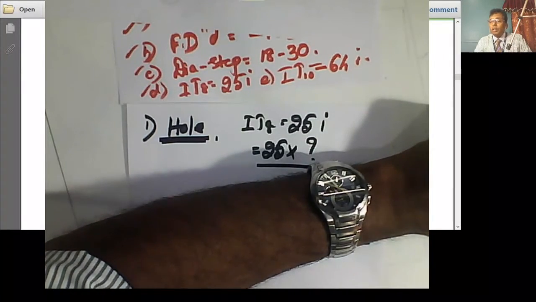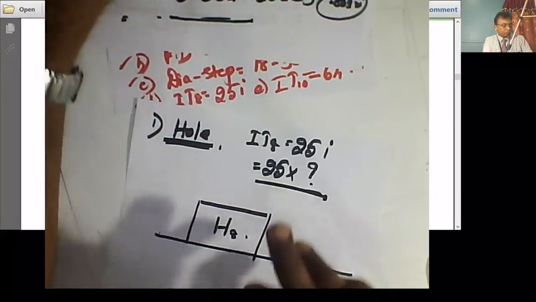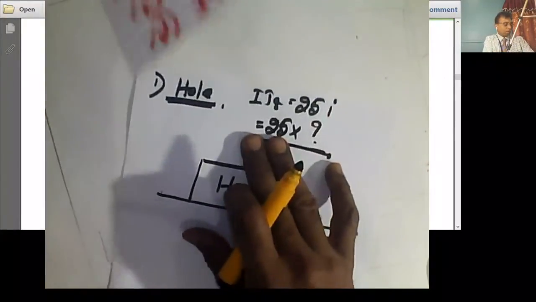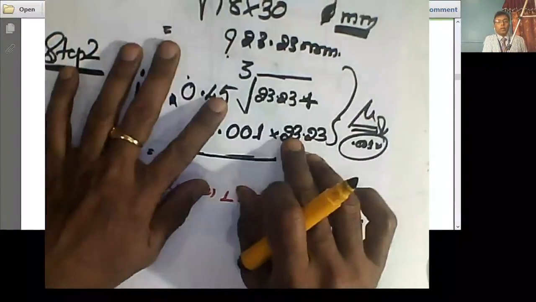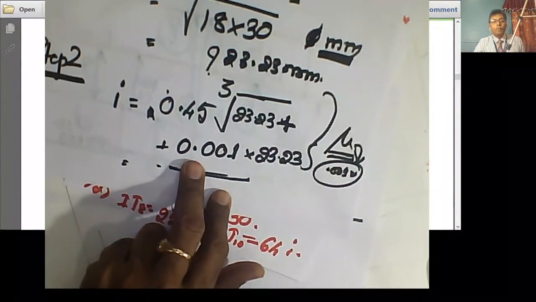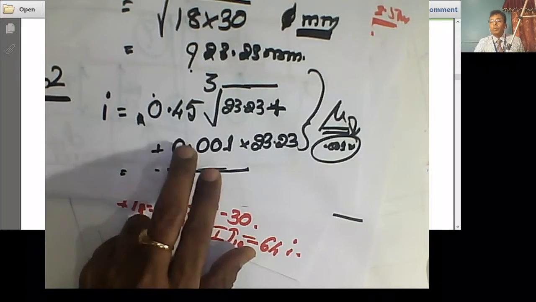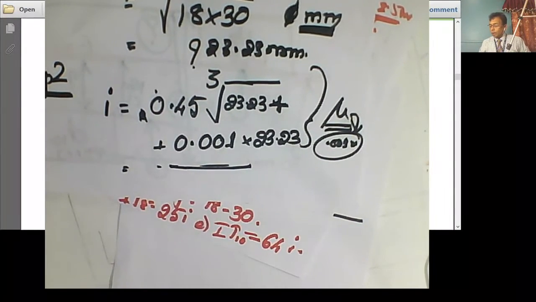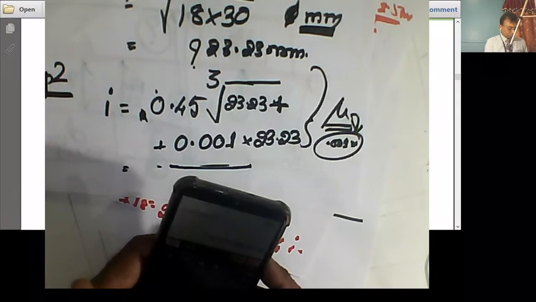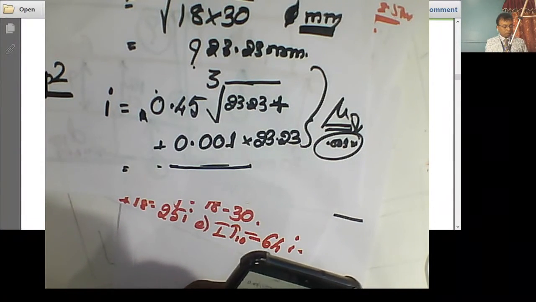Thank you. Can anybody tell me how much this value is? I want to know the answer. I don't have a calculator here. This is posing a trouble.